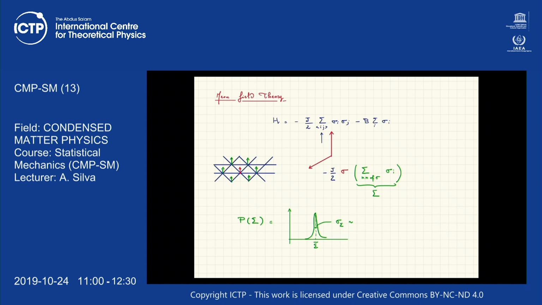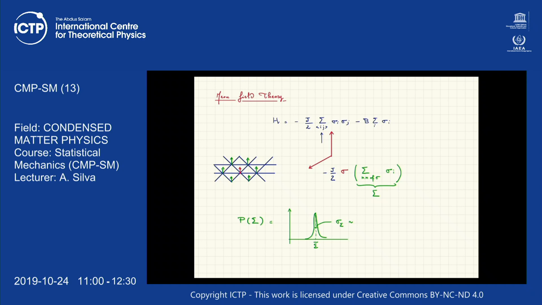So the variance, sigma squared, will scale like the number of nearest neighbors.